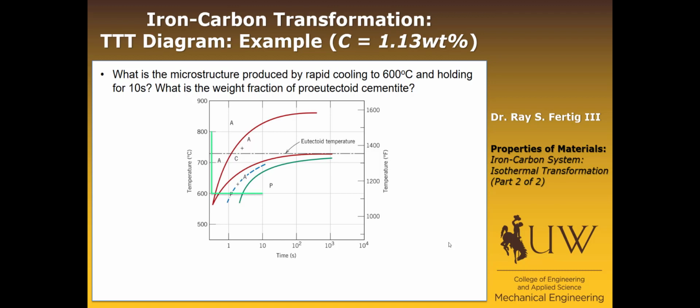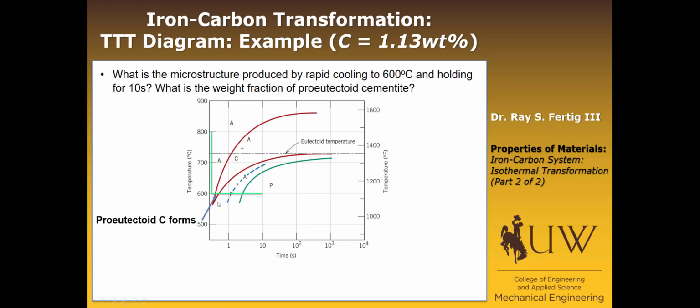We want the microstructure, and then we want to know the fraction of pro-eutectoid cementite to pearlite, because we also know that we're above the eutectoid composition, so we expect to see pro-eutectoid cementite forming. In fact, that is what the C here represents. So when does that happen?